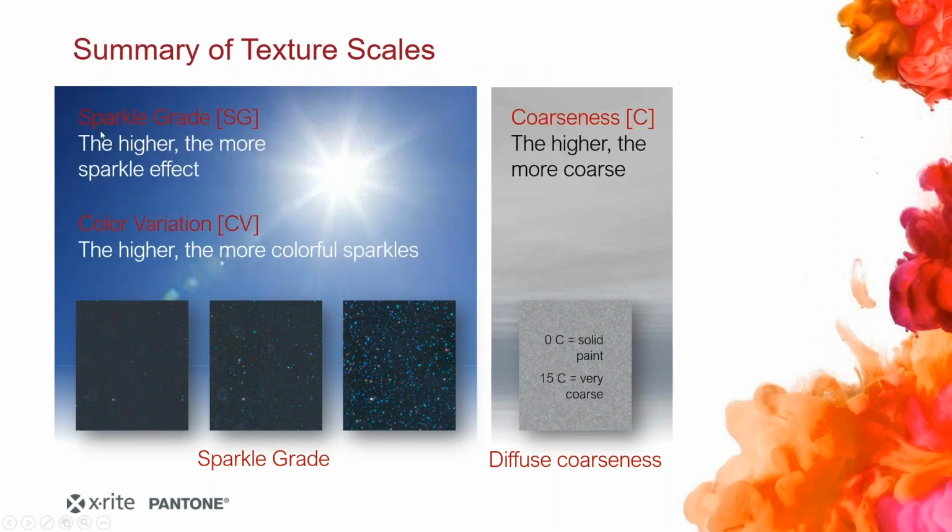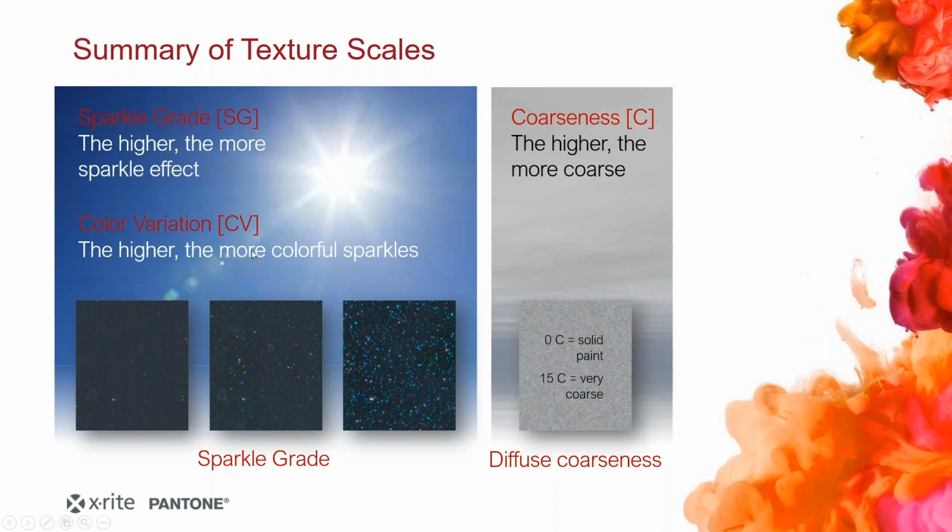Regarding the values that will be displayed in the software and on the instrument, sparkle grade, so the higher the value is, the more sparkle effect is in the surface that you measure. And the new value, color variation: the higher the value is, the more colorful the sparkles are. This is when it comes to a mica or ceralic pigment, where you see these green and blue, and also some pink, yellow, and red sparkle spots.